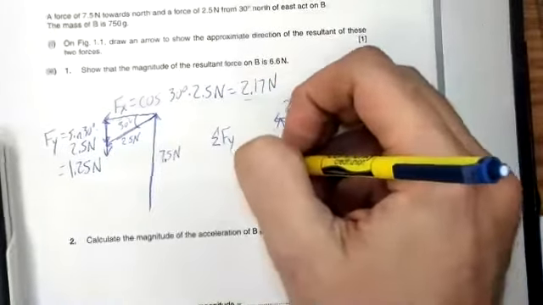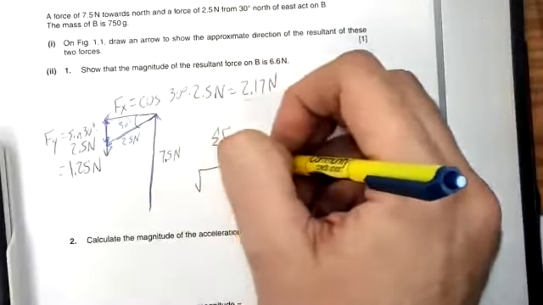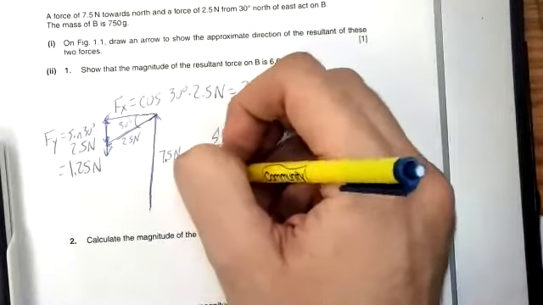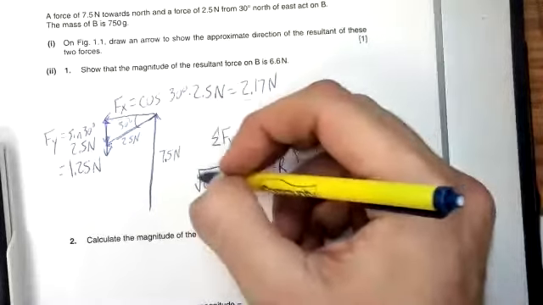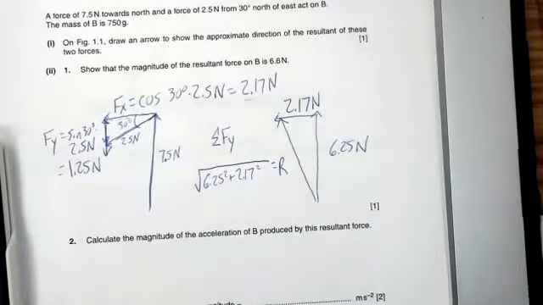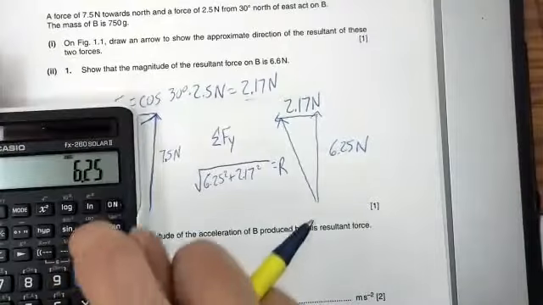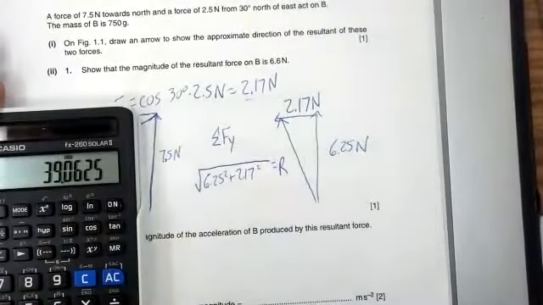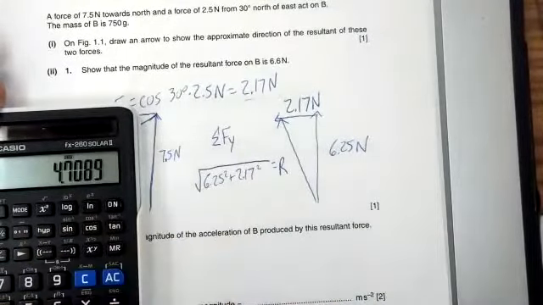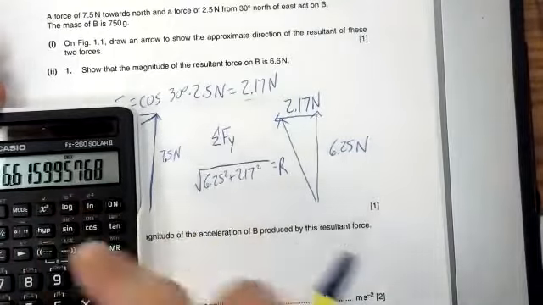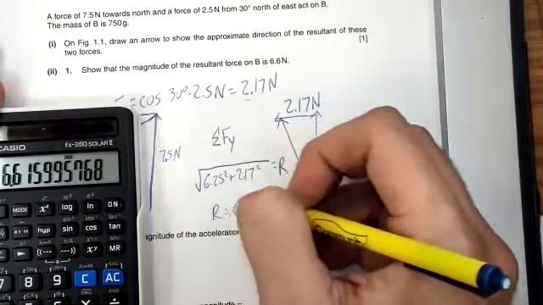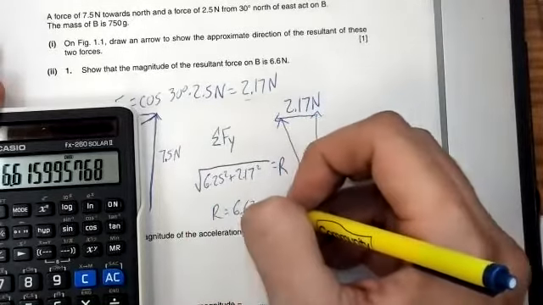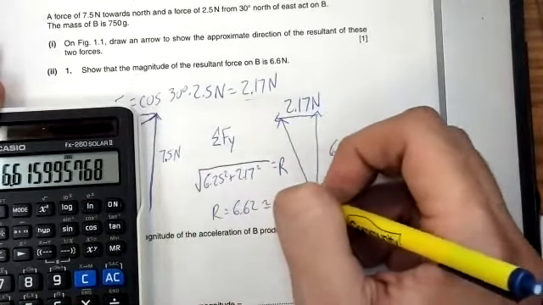So in your calculator, 6.25 squared plus 2.17 squared, and then the square root of that gives you R. R equals 6.62, which is about 6.6 newtons.